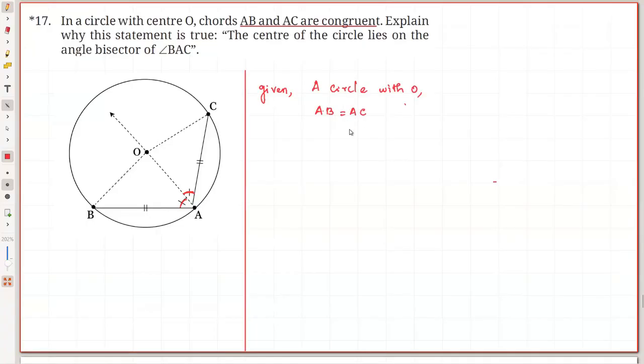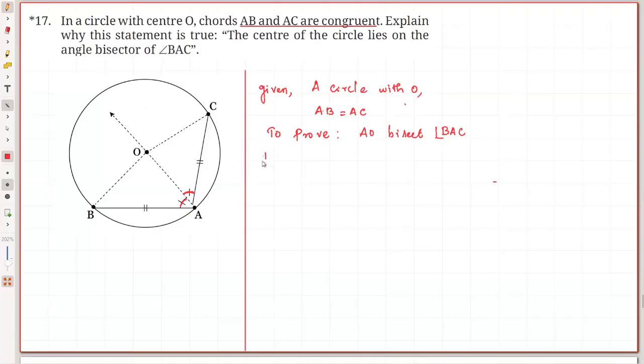Now I have to prove OA is a bisector of angle BAC, that is, the center of the circle is on the bisector of BAC. I'm going to take two triangles.